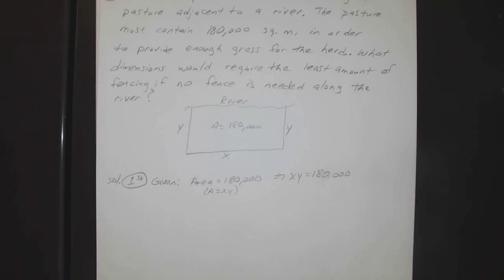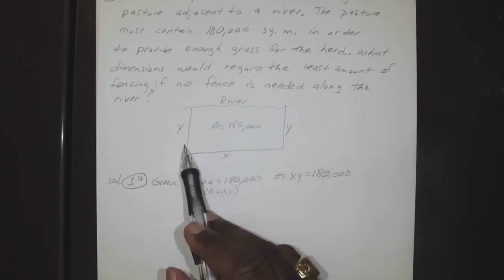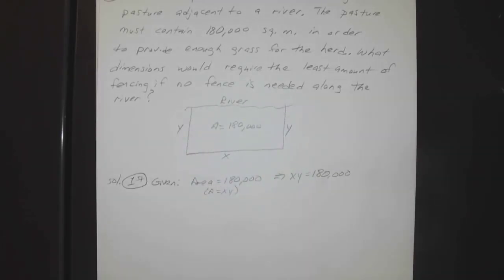Okay, so we're actually looking for the least amount of fencing, so the minimum amount of fencing. So that's what we're looking for. It's our, I guess you could say surface area, since it's not the perimeter, because we're missing that side there. So we can't say perimeter.